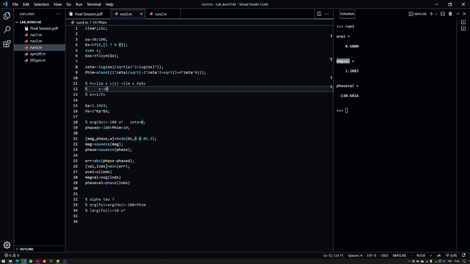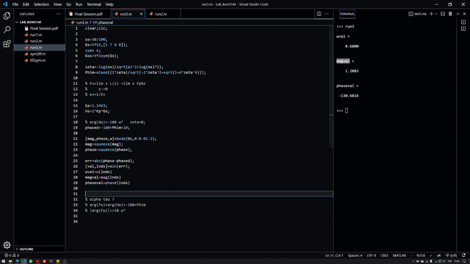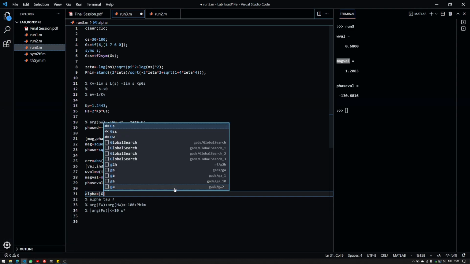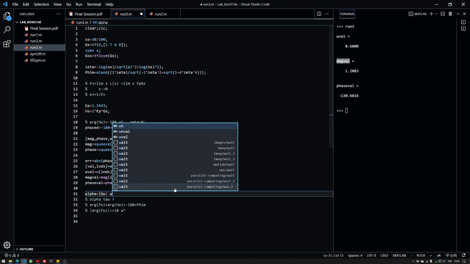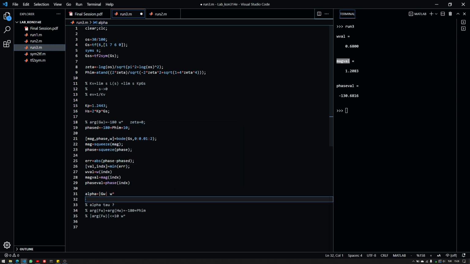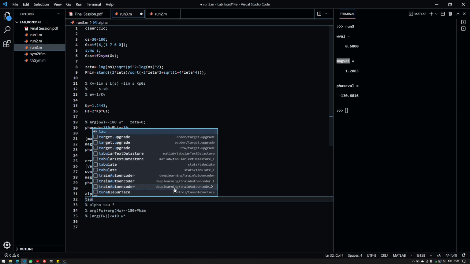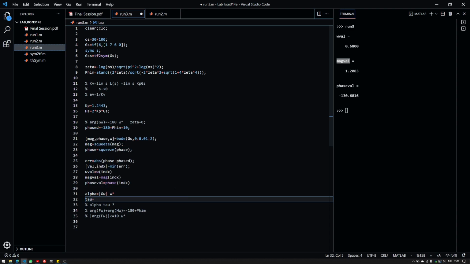So once we've acquired this point, by the way, alpha is straightforward and is defined as the absolute value of G omega at omega star. And then tau is less than or equal, but I will use equal here, to 10 divided by omega star.